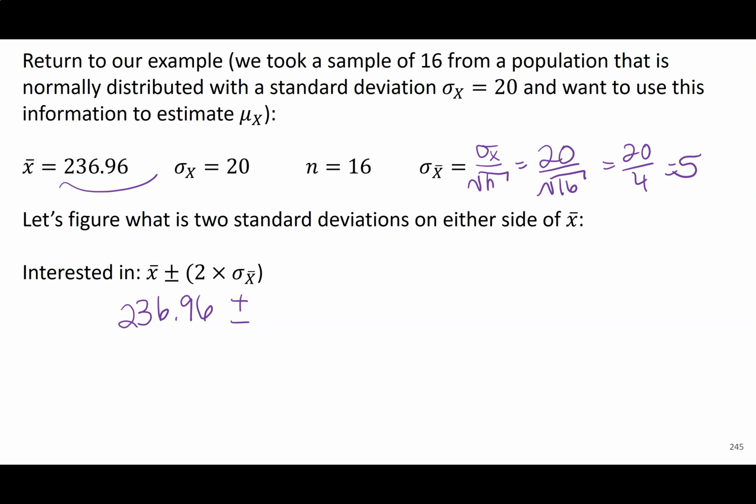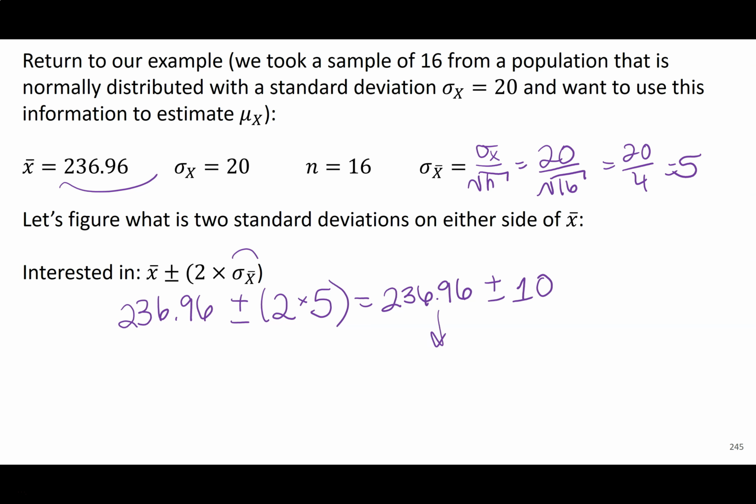So plus or minus 2 times sigma of x bar, that's just that 5. So 236.96 plus or minus 10. Yay, some math I can do in my head.